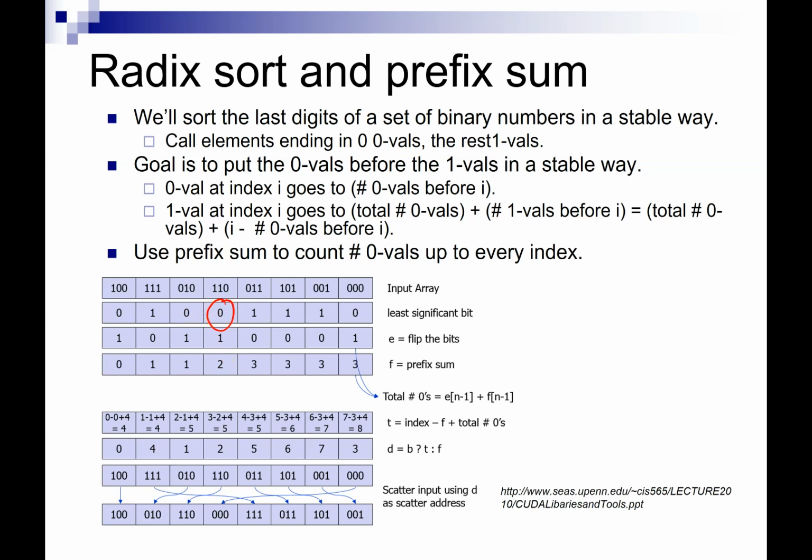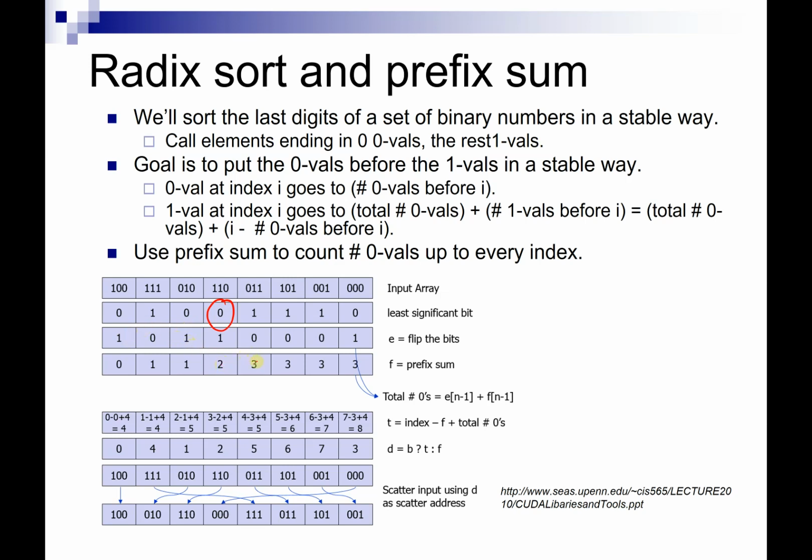The reason for that is that the way we formed F was we did an exclusive prefix sum on E. And E is going to be 1 whenever there's a 0 value before this position. So like here we have 2 0 values before this position, and then we have 2 1s corresponding to those. And this 2 exactly comes about because you took the sum of these 2 1s.